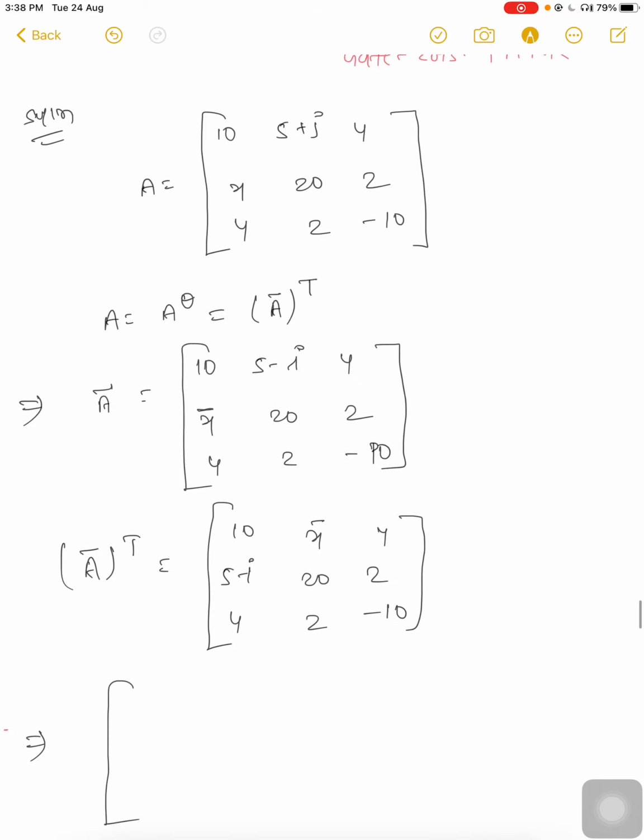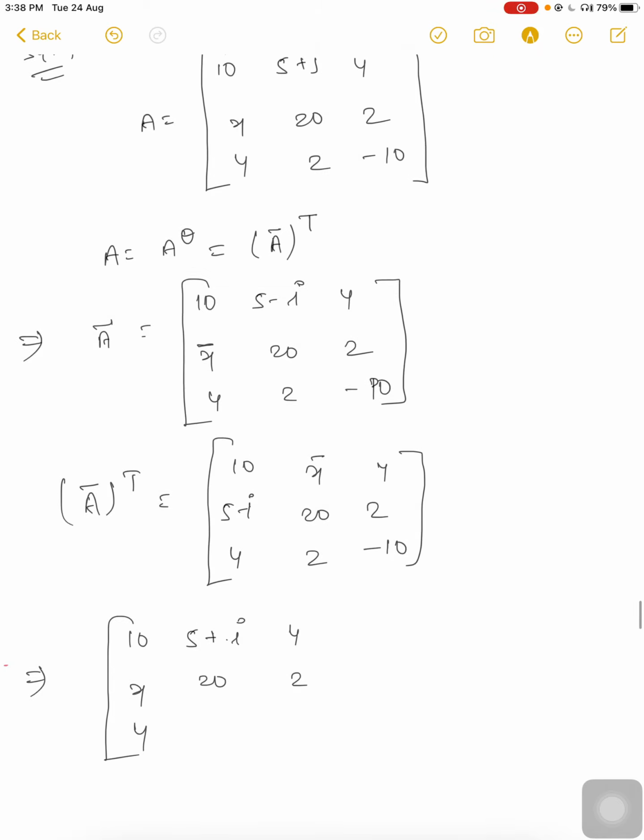Okay, now equate it. A will be 10, 5 plus j, or i, whatever you want to say, no problem, 4. It is an imaginary number only, remember it.